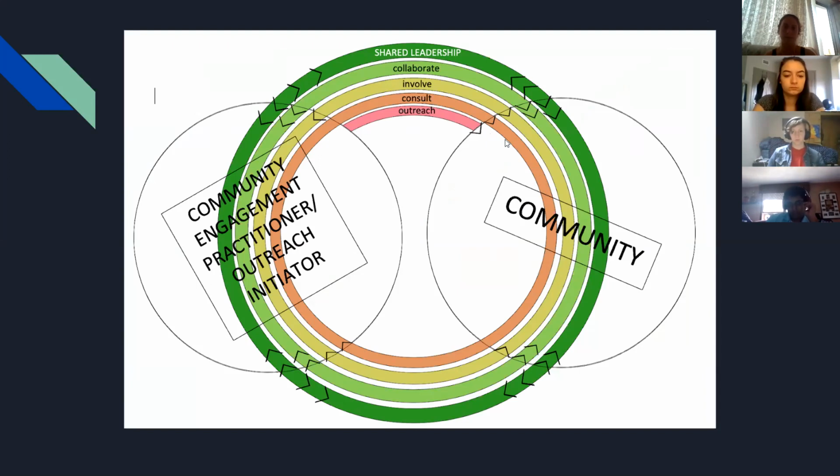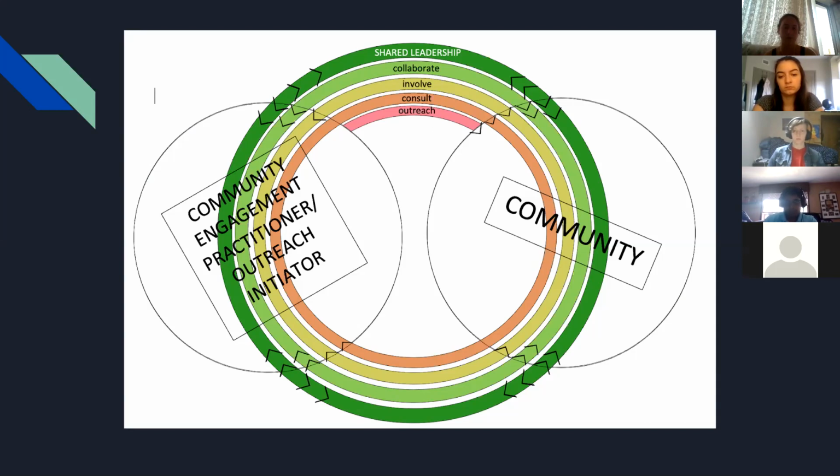That's only going from the circle on the left. We have the community engagement practitioner, the outreach initiator, the person who is looking to get this process going. Basically, it'd be us, since we're learning how to practice community engagement. And we see that the outreach arrow just goes to the community, and they're just giving the community information.